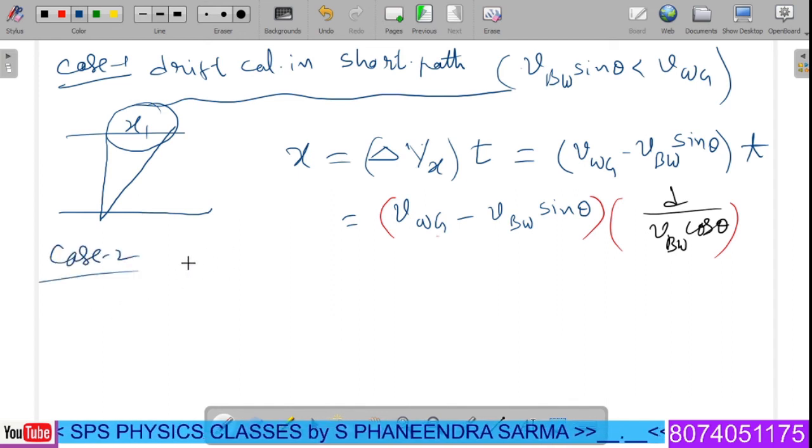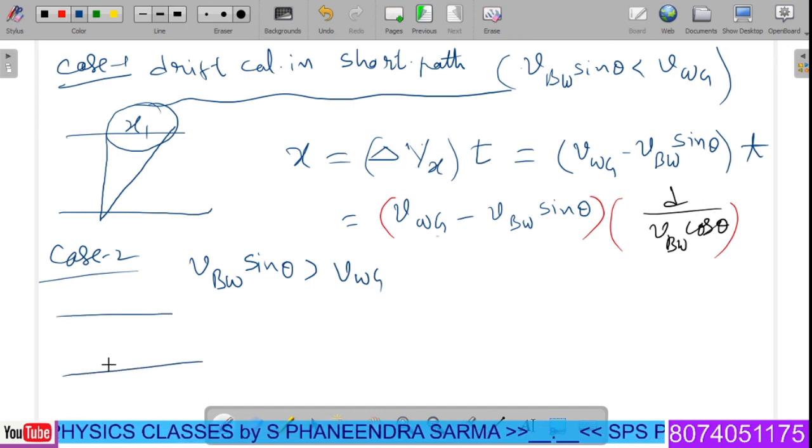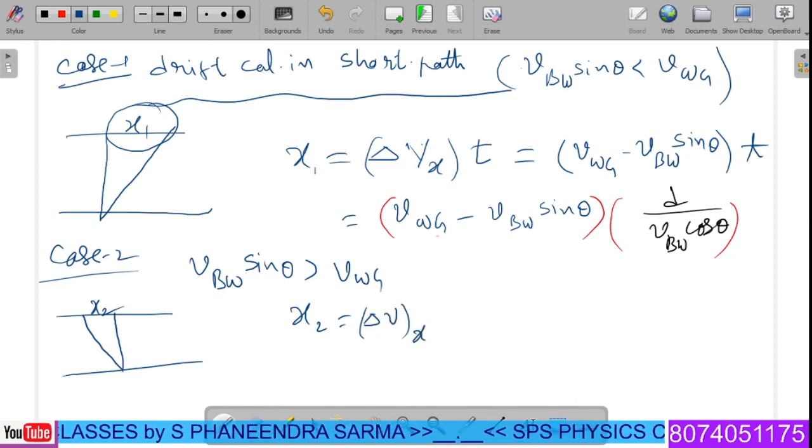In case 2, we need to imagine that the VBW sine theta component is greater than VWG because the river flow, suppose, suddenly decreases. In such a case, this is the actual direction and it will produce a drift of x2. We considered here x1. Then x2 is equal to the relative speed along the x component into time of journey.